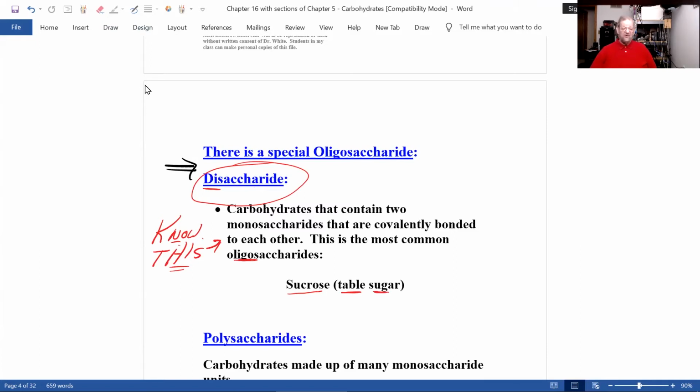The white little crystals you put in your tea, coffee, or when you're cooking to sweeten things up are disaccharides. 2 monosaccharides bonded together to form something that's sweet and tastes good. Unfortunately, it's fattening too, but let's not talk about that now.